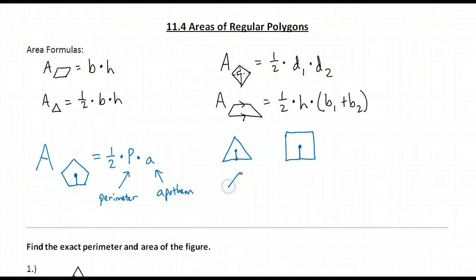If we have a regular pentagon, the apothem connects from the center to the midpoint of one of the sides. If we have a regular hexagon, the apothem connects from the center to the midpoint of one of the sides.